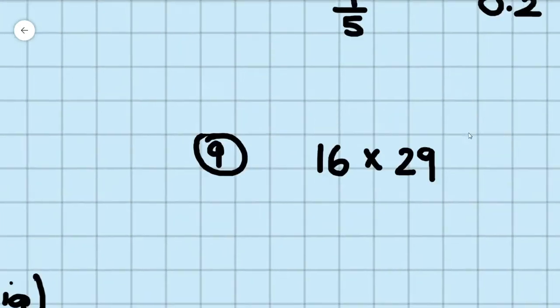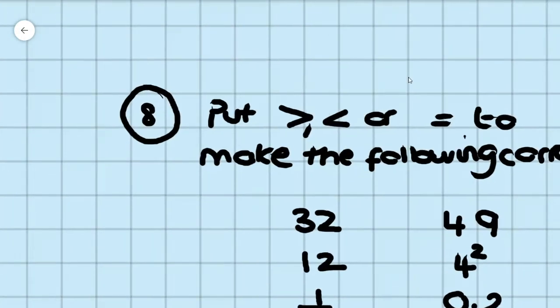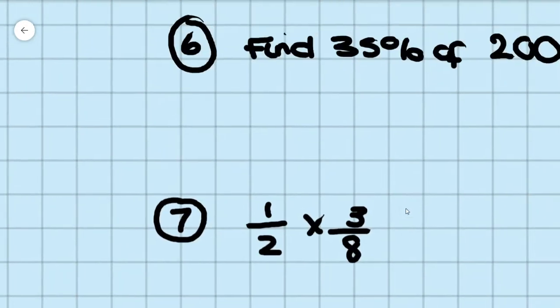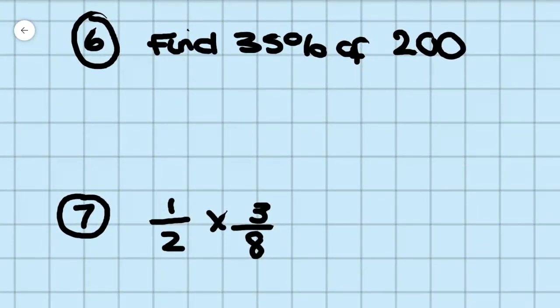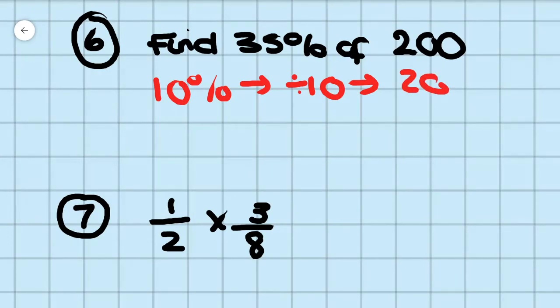Okay, so going up here to number 6. Find 35% of 200. Well, first of all, let's start with 10%. And there are loads of ways you can make 35, but I'm going to find 10% first of all. So I'm dividing by 10, which is 20. 5% is half of 10%.